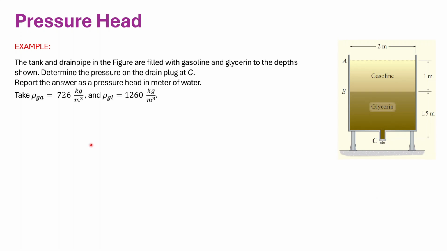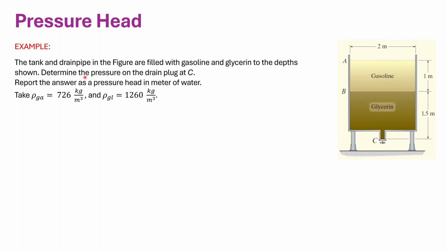Another example: the tank and drain pipe in the figure are filled with gasoline and glycerin to the depths shown. The depth of gasoline is 1 meter and the depth of glycerin is 1.5 meters.